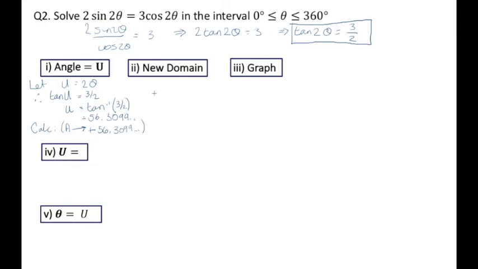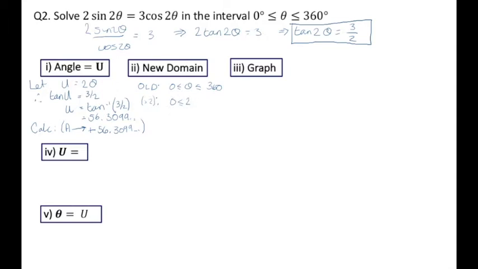Now we're going to the second step. We're going to work out the new domain. So first off, the old domain is between 0 and 360. Now to find the new domain, we need to make this theta 2 theta. So we're going to times all of those parts by 2. 0 times 2 is 0.